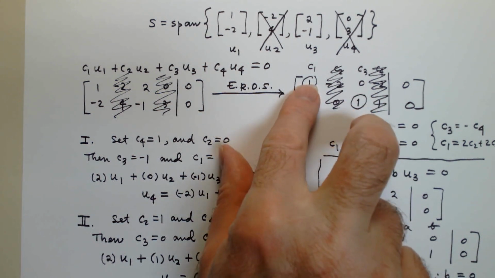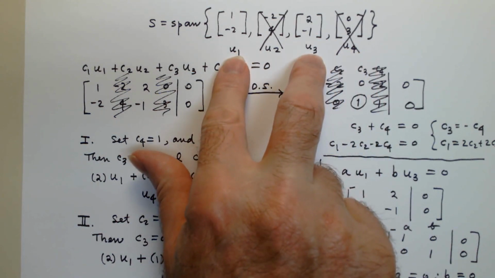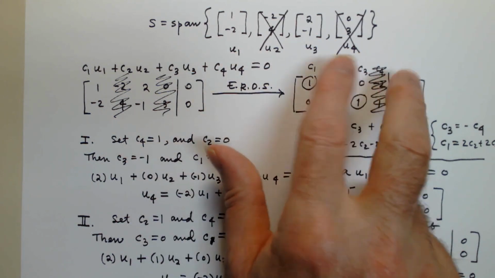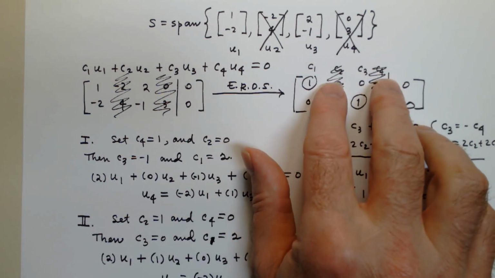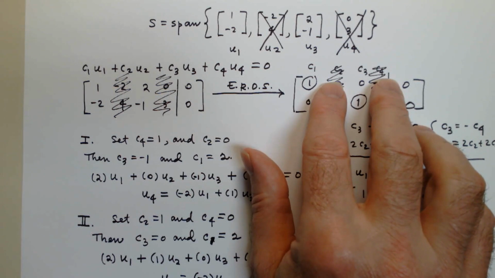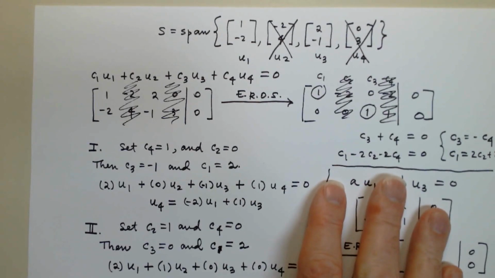In this case, it was column 1 and column 3, so I keep the vectors U1 and U3. We don't have to show this every time, but each and every time we could show that the vectors that don't have leading ones can be eliminated because they are, in a sense, redundant.